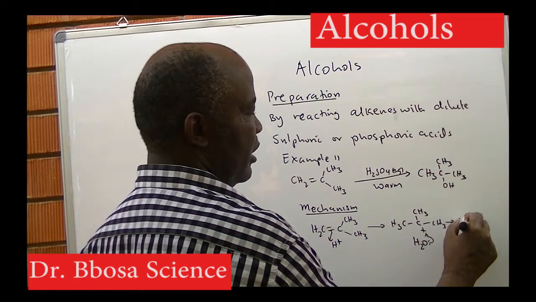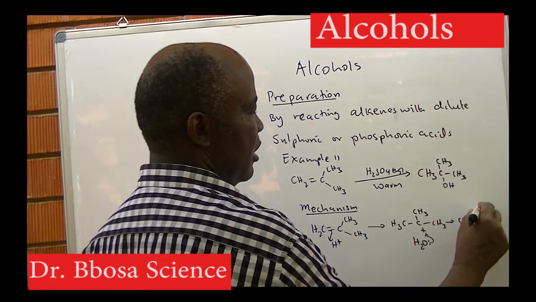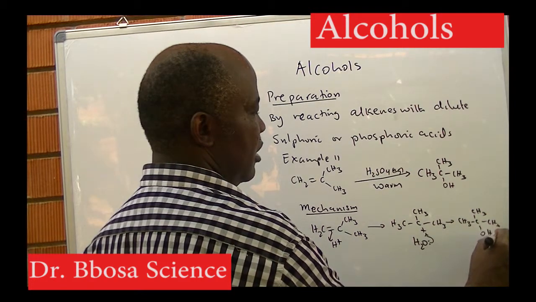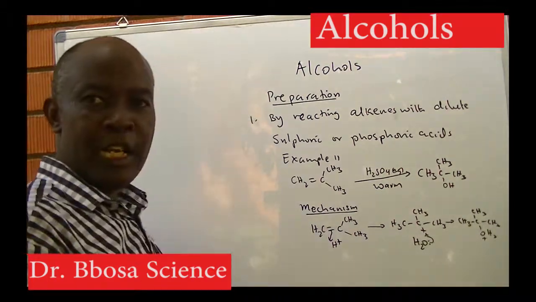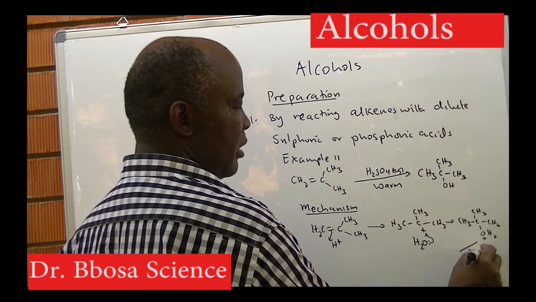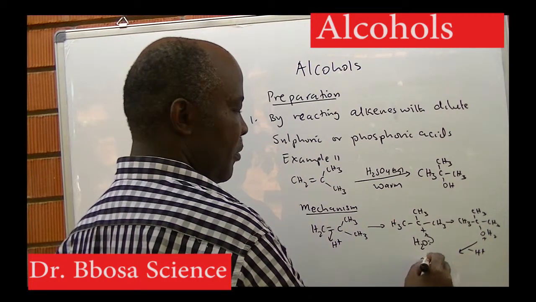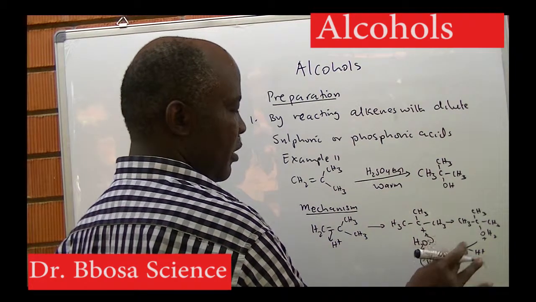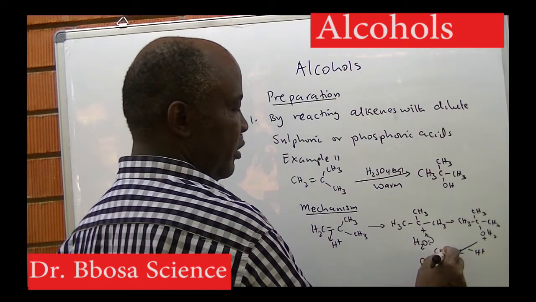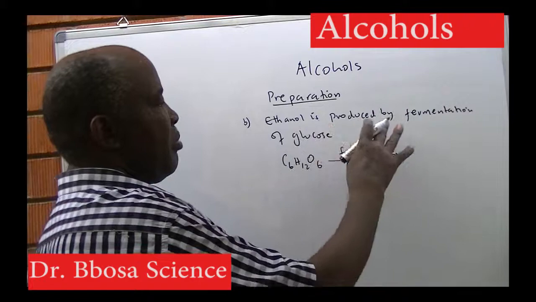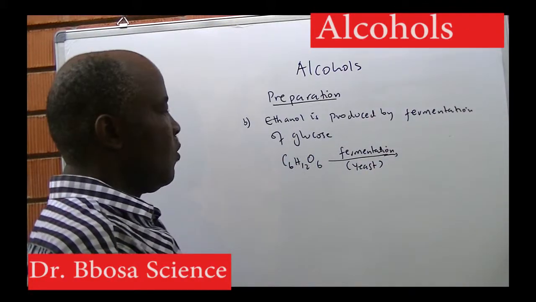We get a protonated alcohol. Loss of a proton will give you 2-methylpropan-2-ol. B. Ethanol is produced by fermentation of glucose.